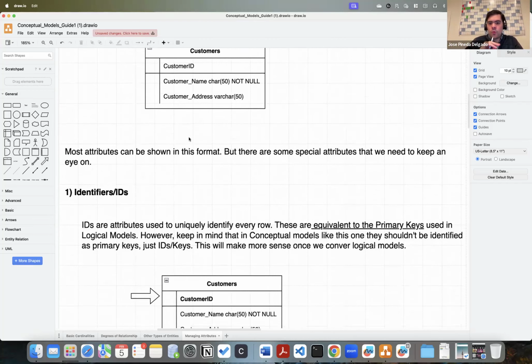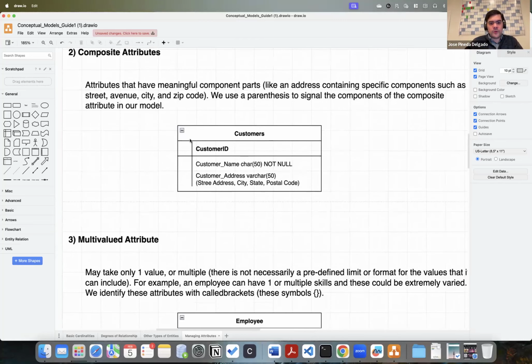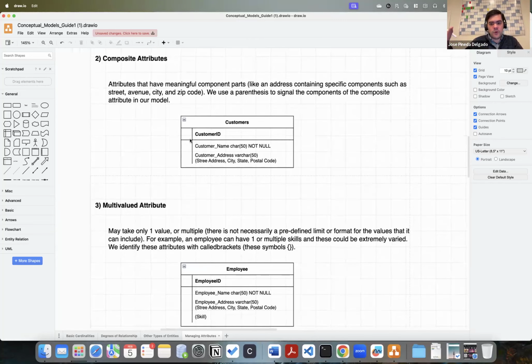If you have more than one, you're either going to have a composite attribute or a multi-value attribute. These are the two options for having more than one piece of data in one single cell, one single attribute for a row. These two are different in how strict they are for the records that are available. So composite attributes have a structure.